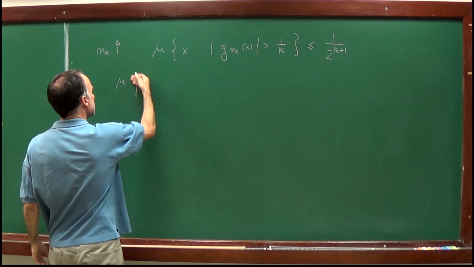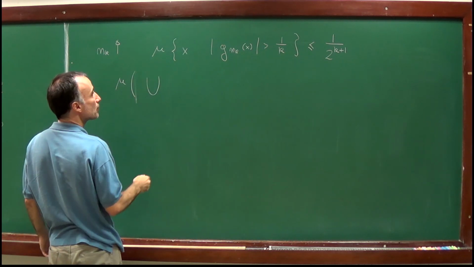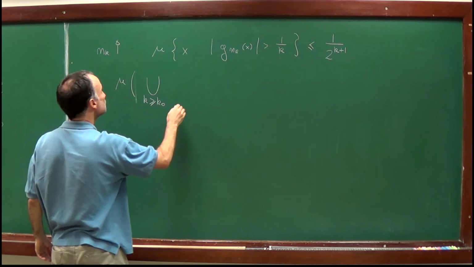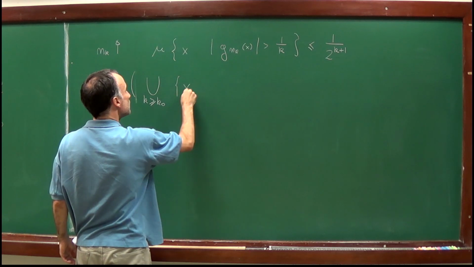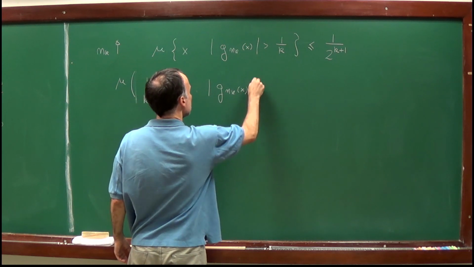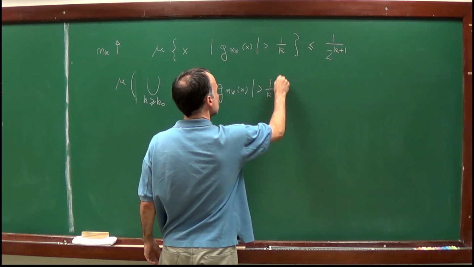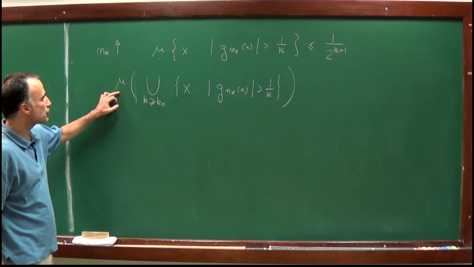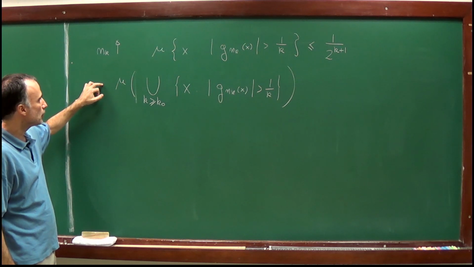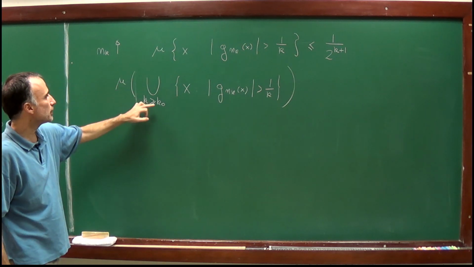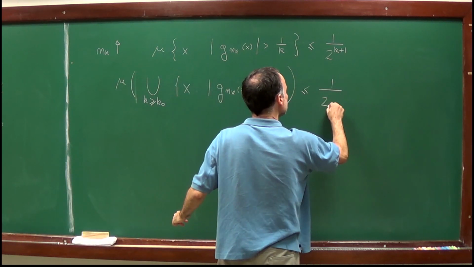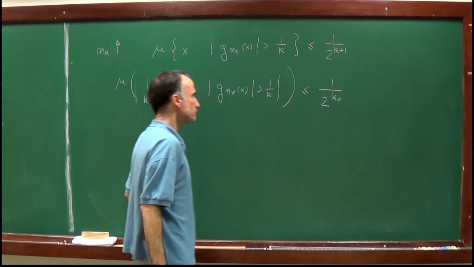So the measure of the union for k larger than k0 of the points x such that G_nk(x) is larger than 1 over k, this is less than or equal to the sum of these measures, and the sum for k larger than k0 is bounded by 1 over 2 to the power k0.